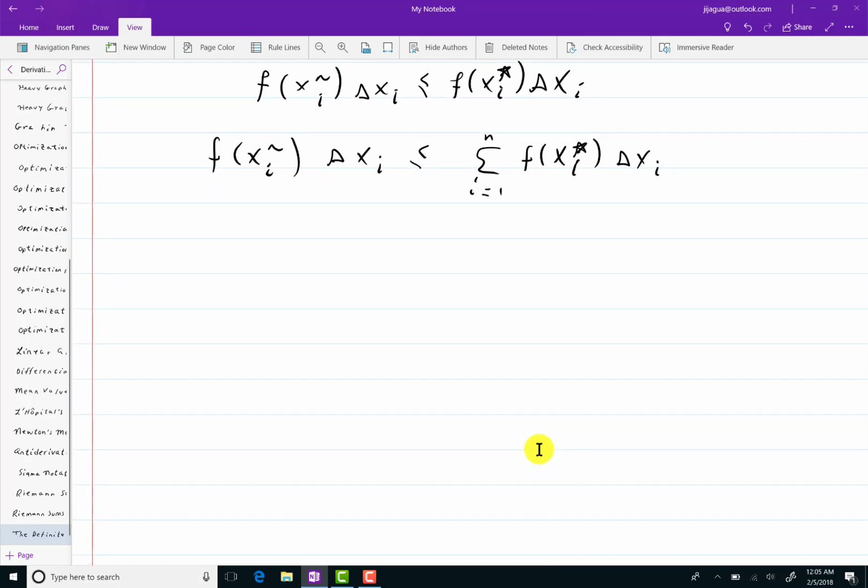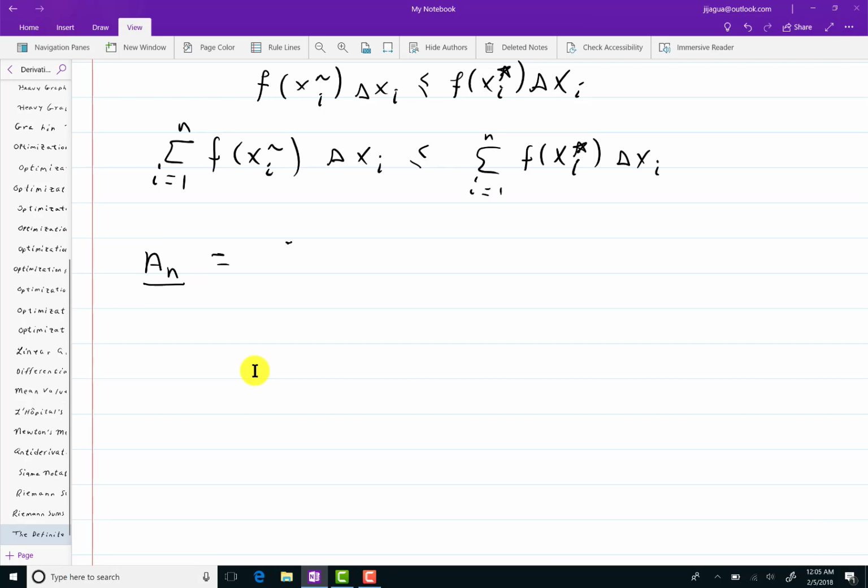Summation, i equals 1 to n. Notice that these are Riemann sums. This is a collection of rectangles and we will be keeping track of their area. I am going to call this thing on the left capital A sub n, with a bar underneath it.